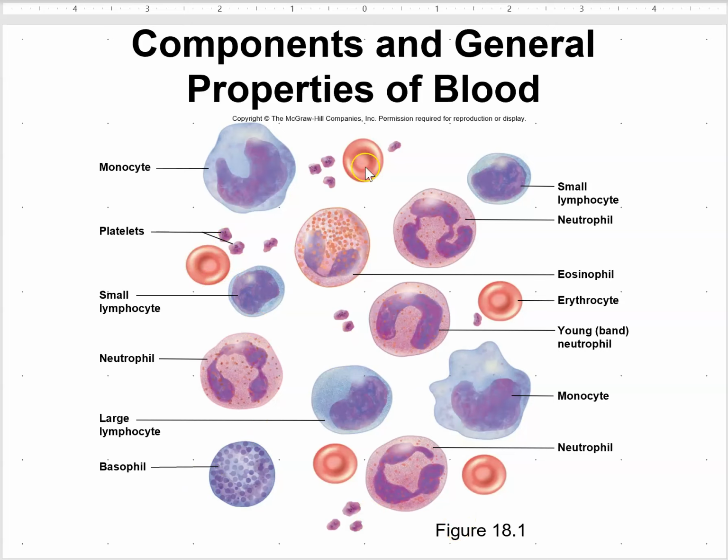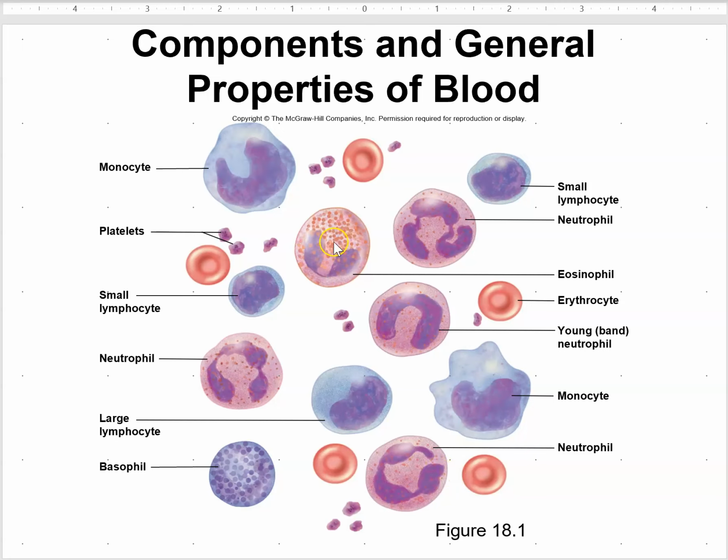These dinner plate-like structures are erythrocytes, which are also known as red blood cells. And white blood cells can be of different types. You can have monocytes, eosinophils, neutrophils, lymphocytes, basophils, and these are another type of neutrophils.